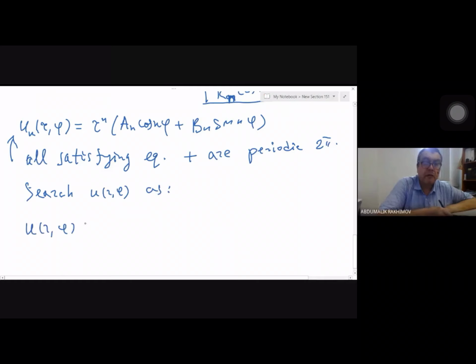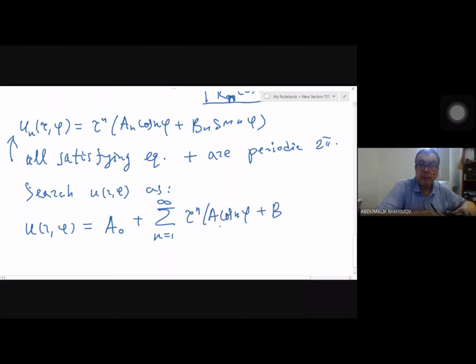Let me separate the zero term, because for the zero term we don't need B0, since when n equals 0 the sine is 0 already. So I write A0 plus the sum from n equals 1 to infinity of r to the power n times (An cosine n phi plus Bn sine n phi). So this is the shape of the solution.